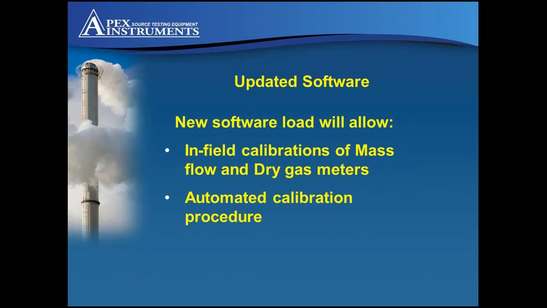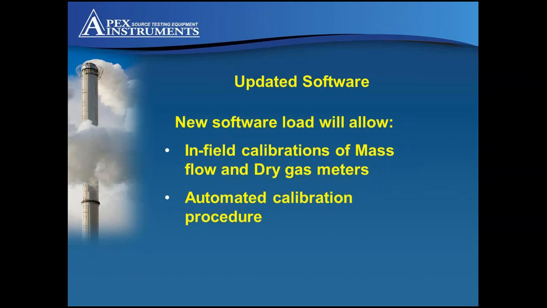So there was concern that these parts will go out of date before they had a chance to use them. So to share with everybody, the new load that we're working on that hopefully will come out in a couple of months will have the ability to do these in-field calibrations. And what we're trying to achieve here is basically an automated calibration procedure.